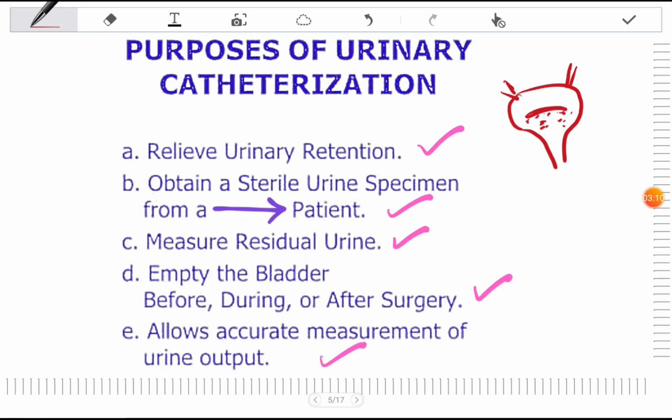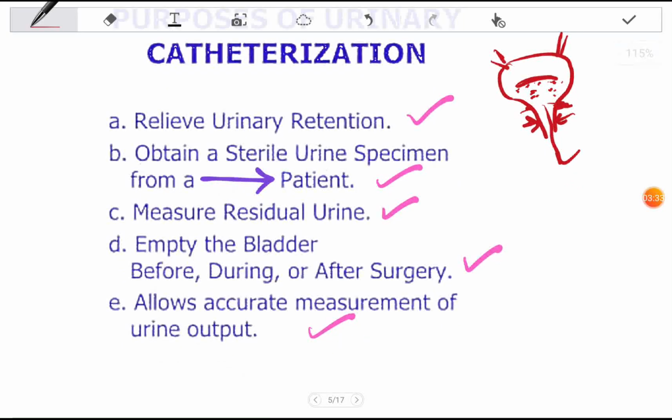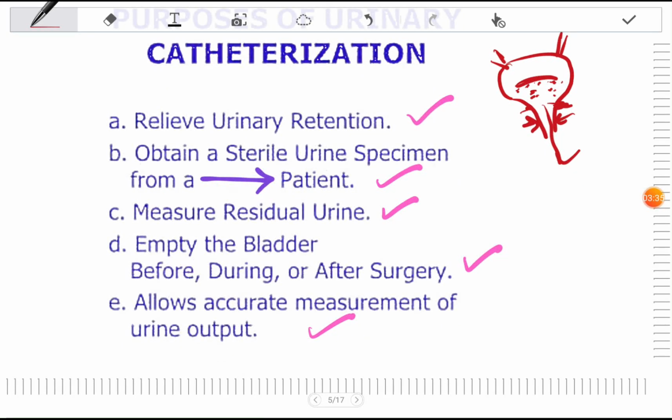So urine has been retained in the bladder, it hasn't come out. Maybe because of an obstruction somewhere here, the urine cannot pass from the bladder into the urethra. So we insert the catheter and the catheter drains the urine which was retained.